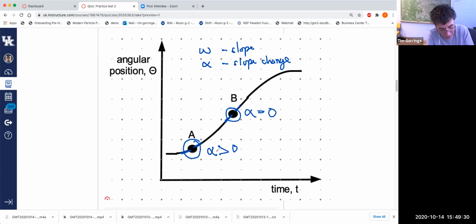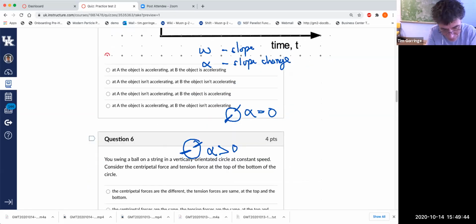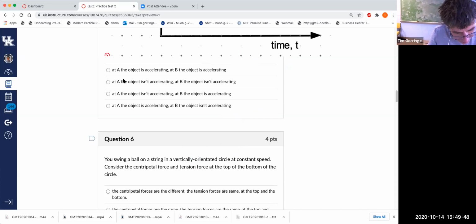Angular acceleration is positive here, and it's 0 here. So the answer will be, at A, the object was accelerating, and at B, the object wasn't accelerating, and so it's this guy here.